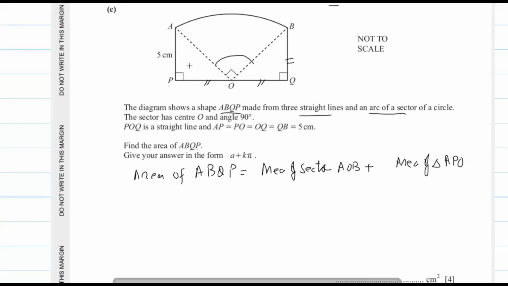The both triangles APO and BQO are same. Therefore, we can write this 2 times of area of triangle APO.